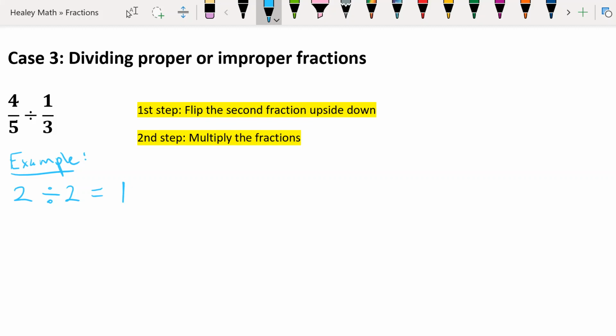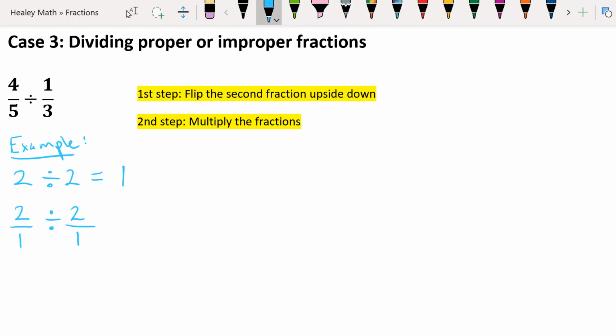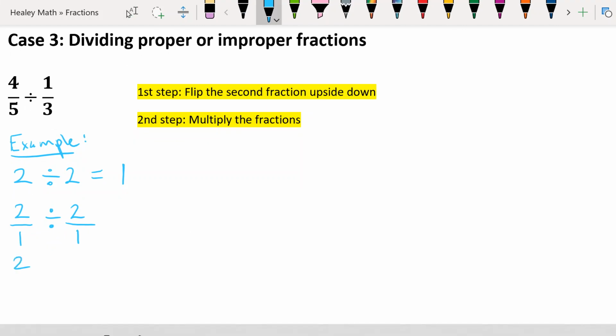We can rewrite these numbers as fractions. We rewrite them as 2 over 1. If we flip the second fraction, it'll become 2 over 1 times flipped it.